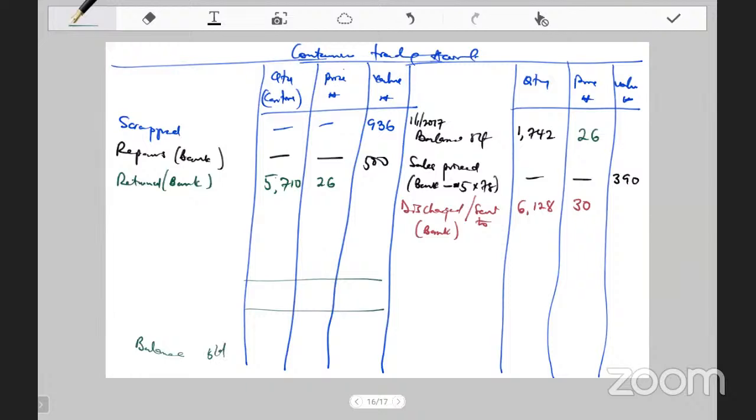How many units? 2,054. So I'll bring it here as balance. It is in the hand of the customer.